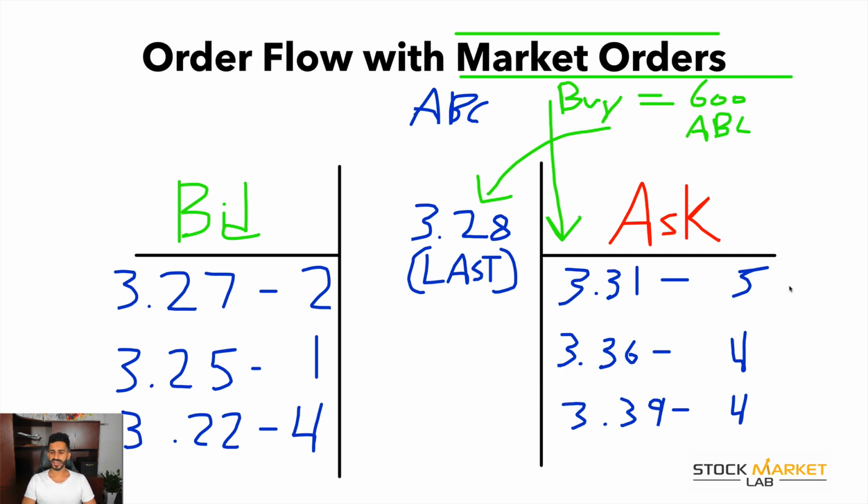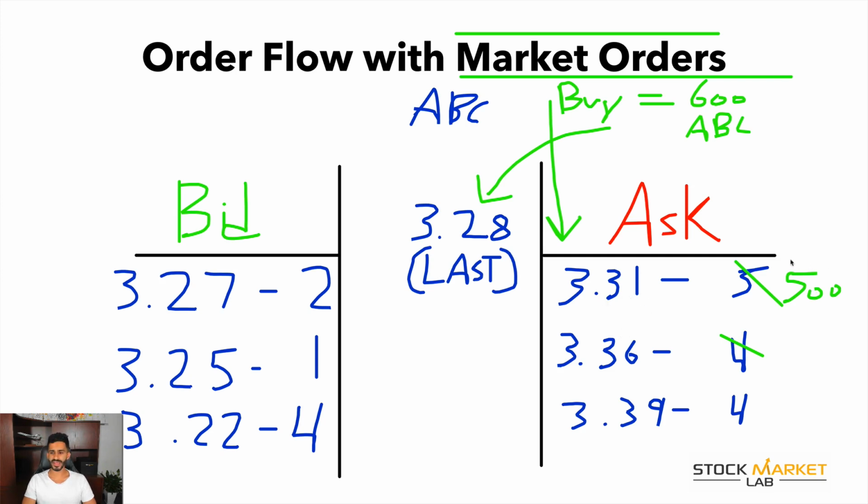So what happens is I get 500 from here, and then I get 100 from here, because remember, I'm buying 600 shares. This 5 represents 500, 4 represents 400. At 331, I'm not going to get my full 600.